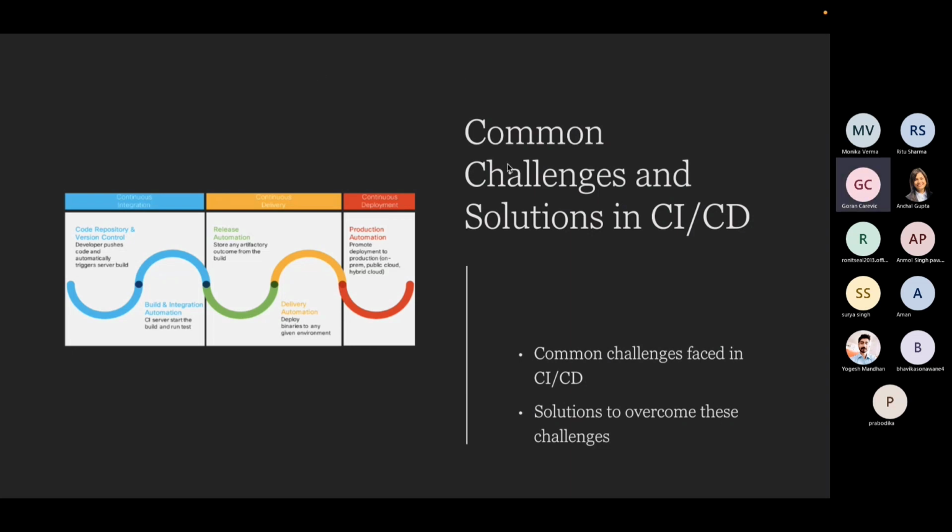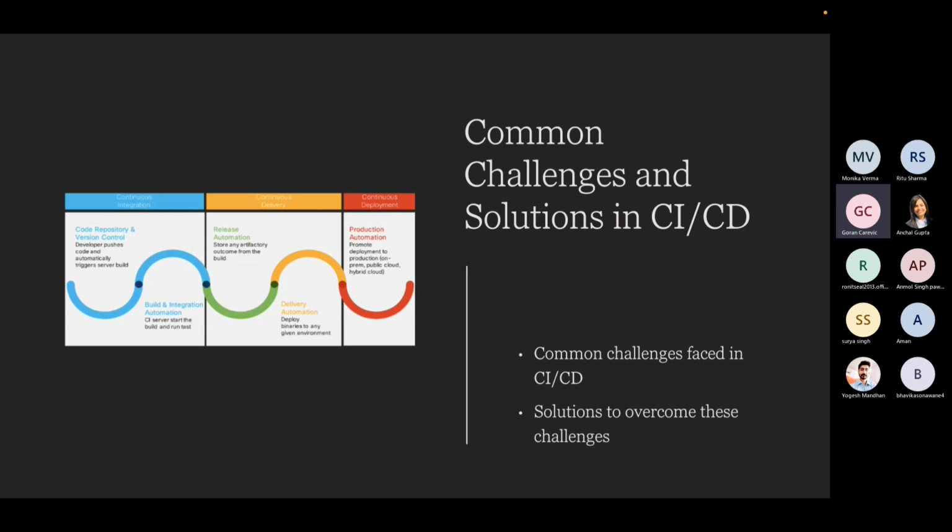When trying to implement CI/CD in older systems, it can be challenging to integrate the existing infrastructure with the new tools and processes. To overcome these challenges, you can use APIs, service meshes, and integration layers to connect the legacy system to the new CI/CD pipelines.